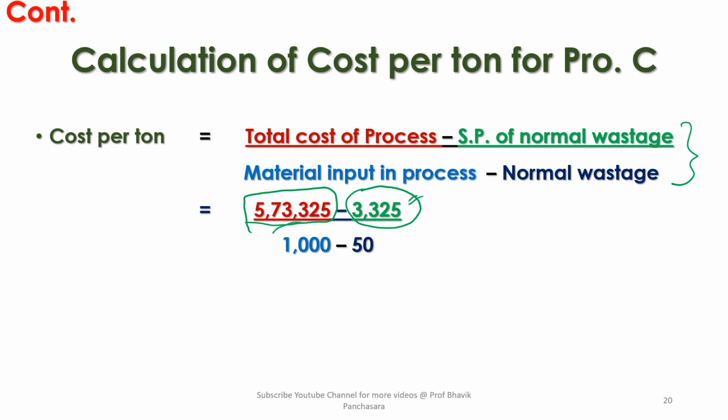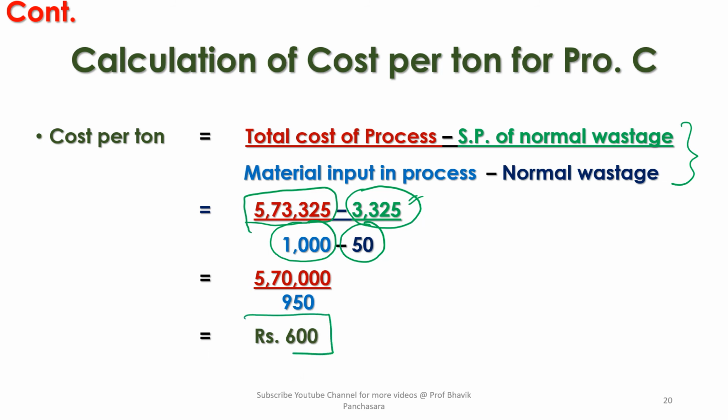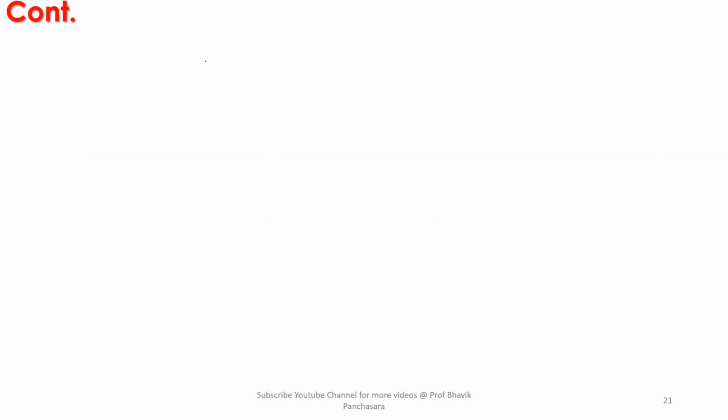Divide by material input, that is 1000 ton, minus normal wastage, that is 50 ton. By simplifying this formula you will receive the final answer, that is rupees 600 per ton. So here we can say that the cost per ton for process C is rupees 600.